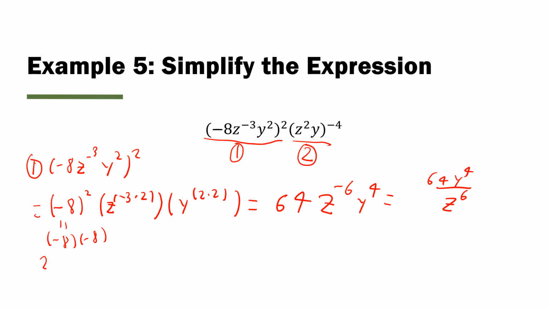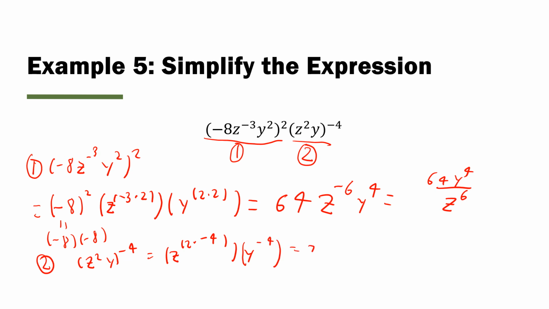Okay, let's work on parenthesis 2. So we have z squared times y raised to the power of negative 4. Once again, I can distribute this negative 4. So we get z to the power of 2 times negative 4. And y will just be y to the power of negative 4.